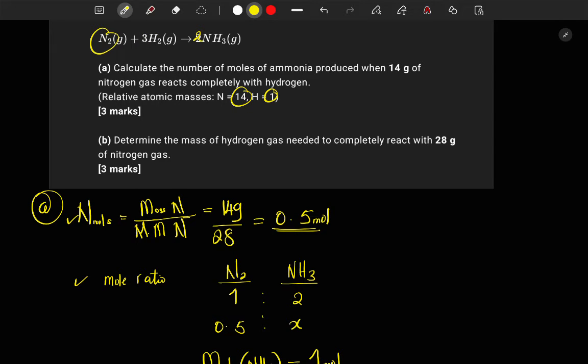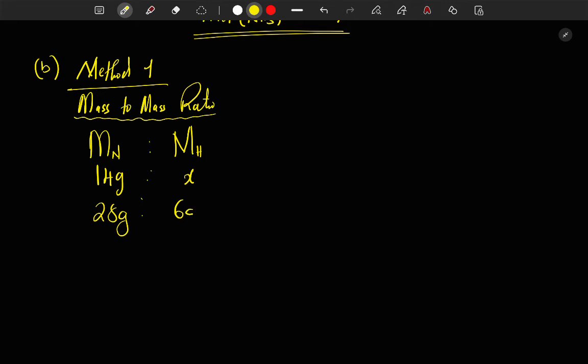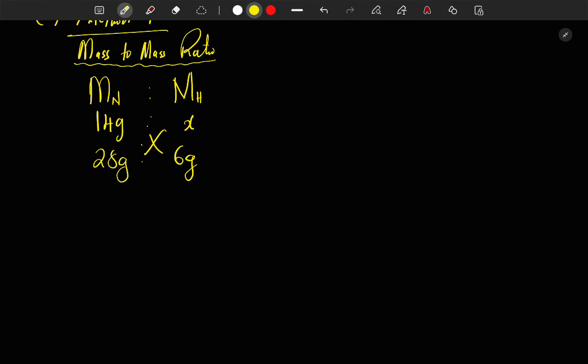So I'll go there again. The mass number of hydrogen on the periodic table is 1. But how many are there? There are 2. So 2 times 1, we get 2. But there's also another 3 in front here, multiplying them to give us 6. So we have 6 here. Then we cross multiply. All we are doing here is a very simple ratio.